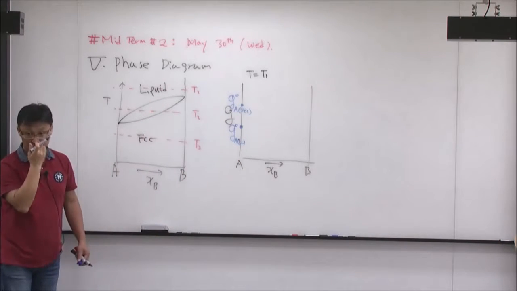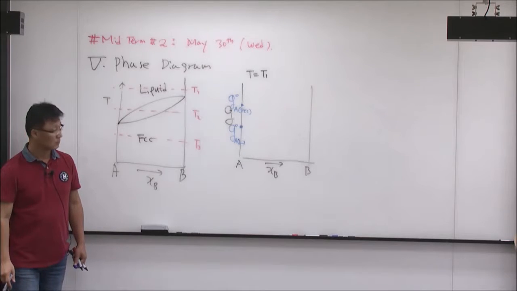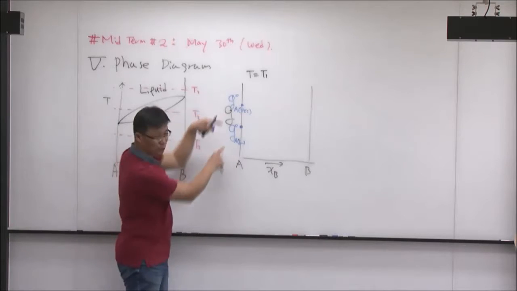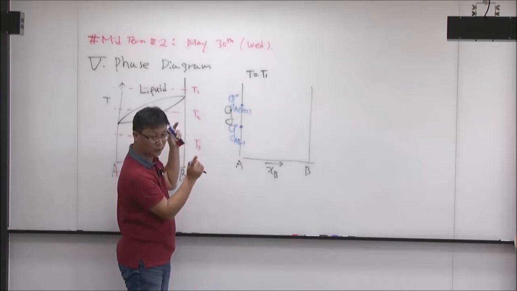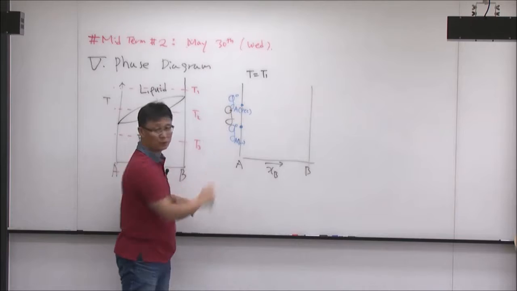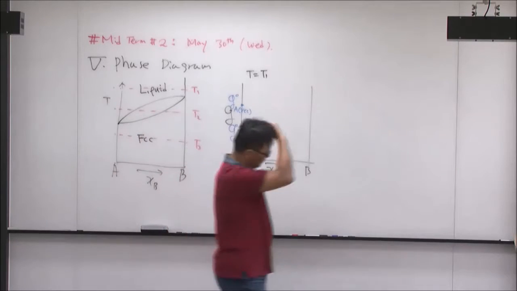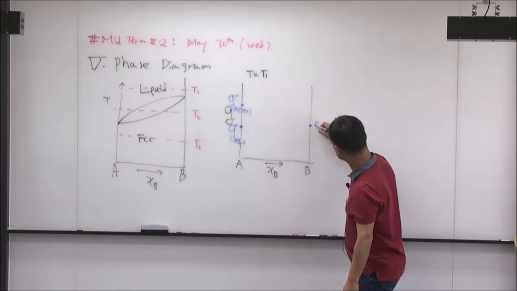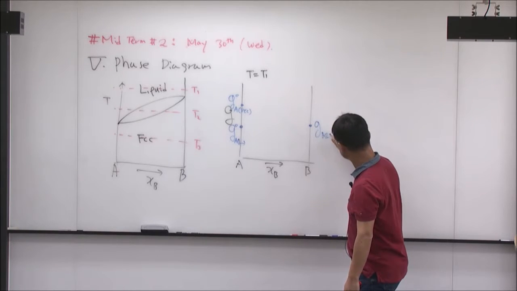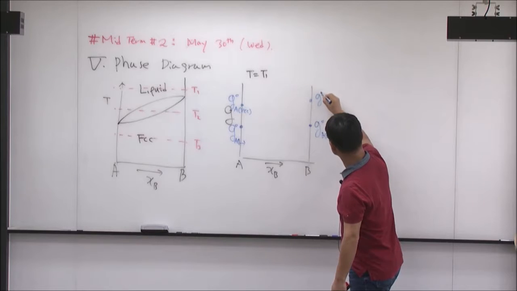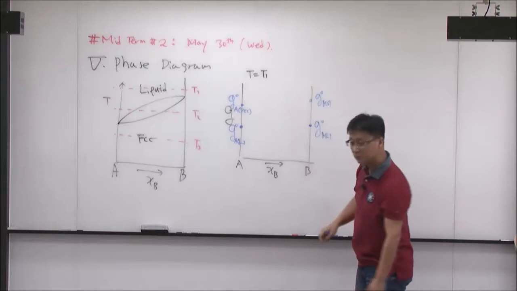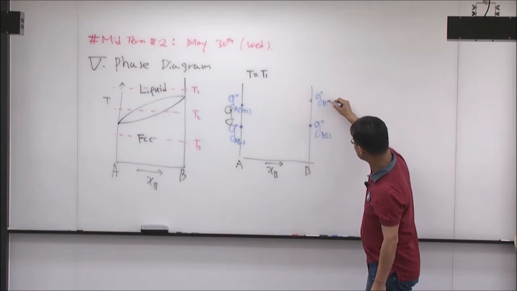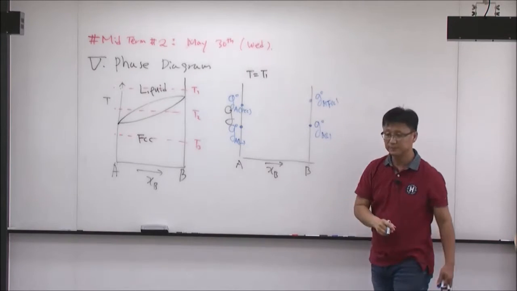Is this okay? The difference we don't know, and the absolute location we don't know, but the only thing we can tell is that this is lower than this one. And the other side too: I don't know the difference, but B liquid should be lower than B FCC.